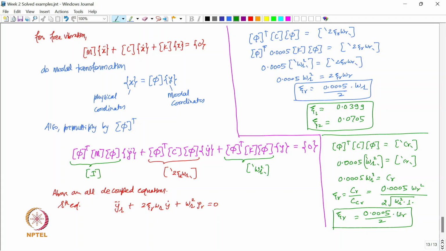Let us go to problem 6 now. So, this is example number 6.